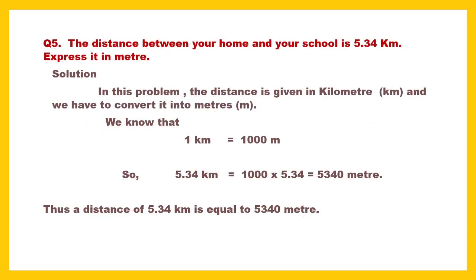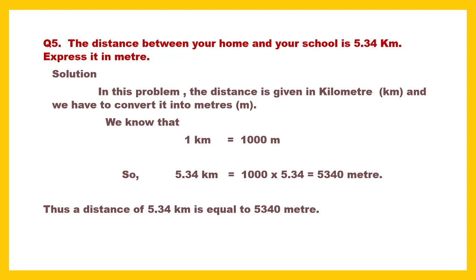The next problem is: the distance between your home and school is 5.34 kilometer. We have to express it in meter, in exactly the same manner as we solved Radha's problem. The difference is that there the distance was given in meter, here the distance is given in kilometers. There we had to convert into kilometer, here we have to convert into meter.